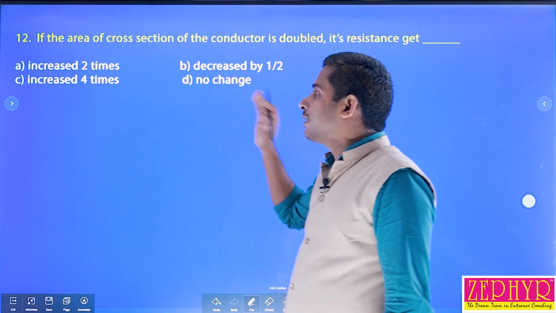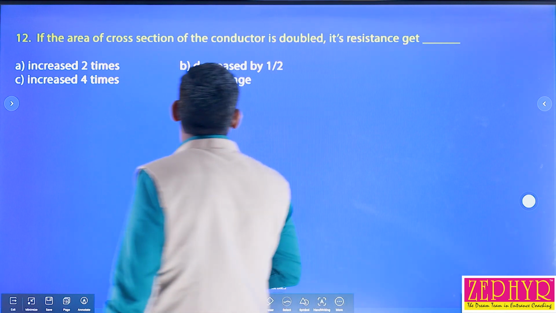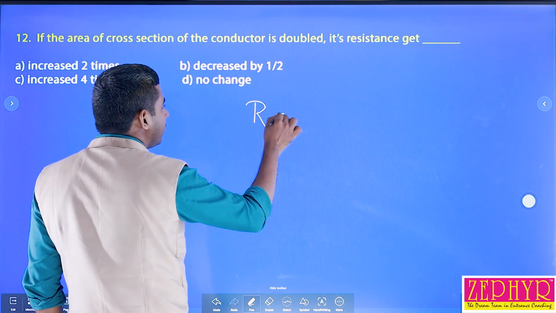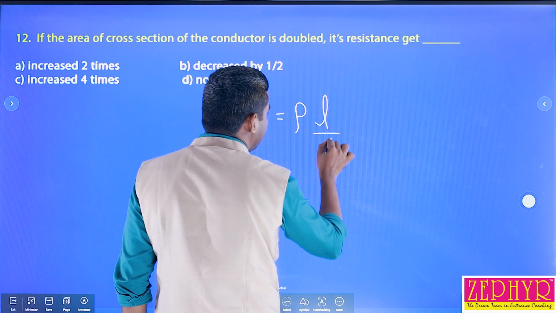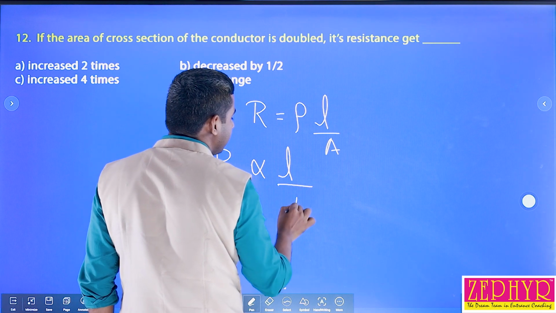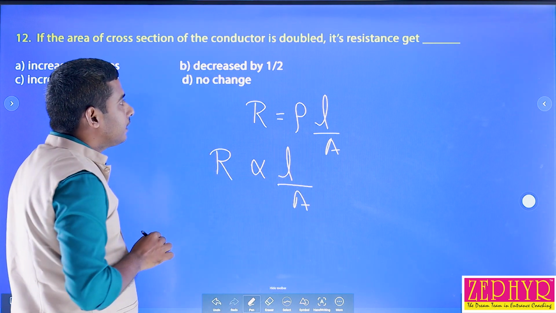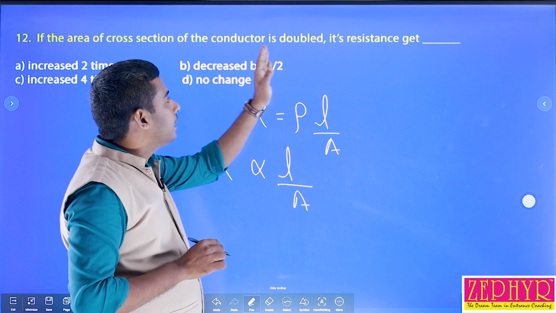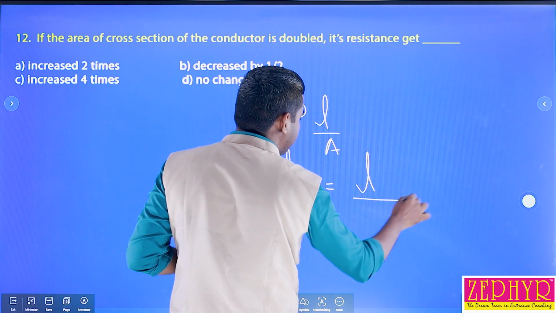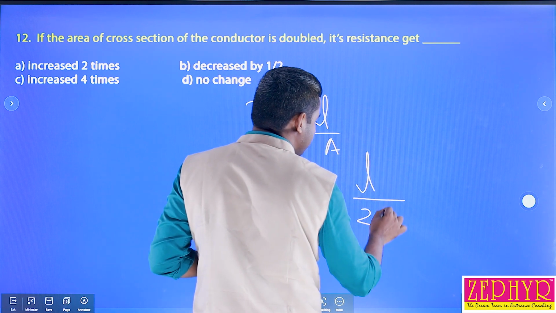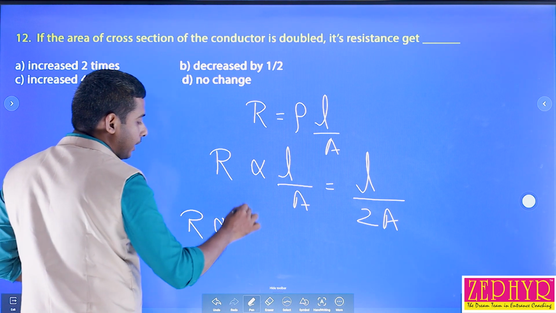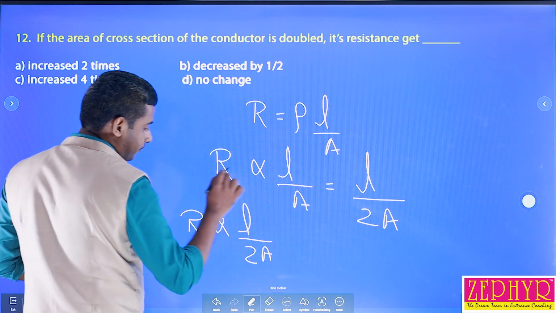Students, the question is, if the area of cross section of the conductor is doubled, we know R equals rho into L by A, that is R is proportional to L by A. Then they are saying the area of the conductor is doubled, that means it will be L divided by 2A, that is R proportional to L divided by 2A.